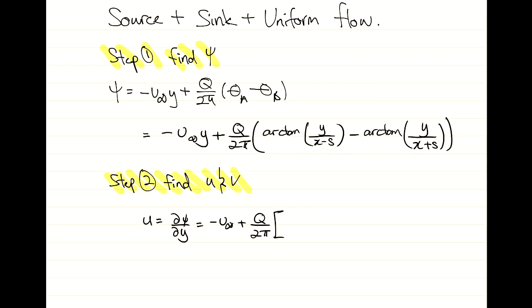So you get x minus s over y squared plus x minus s squared, and for your sink, it's going to be negative x plus s over y squared plus x plus s squared.